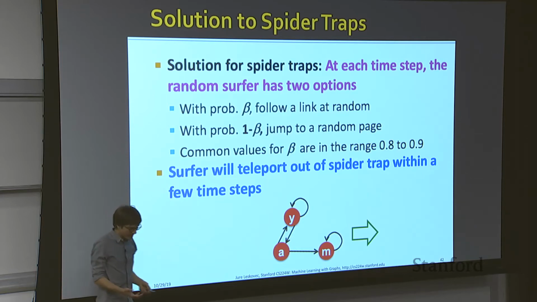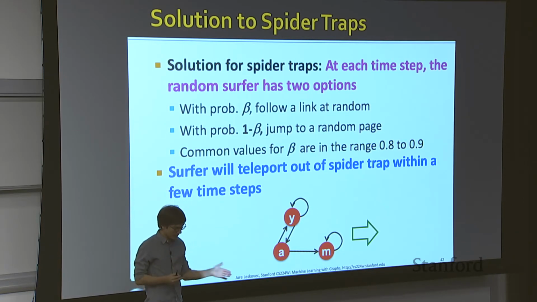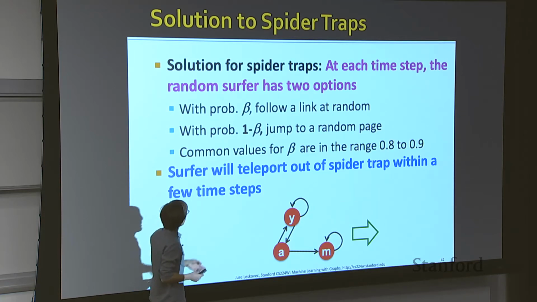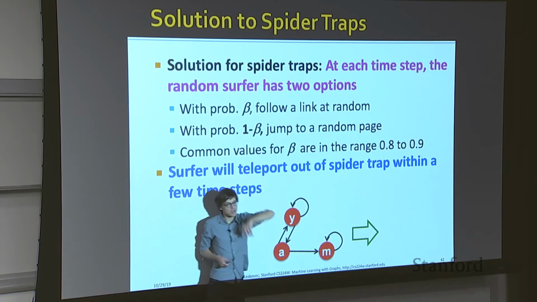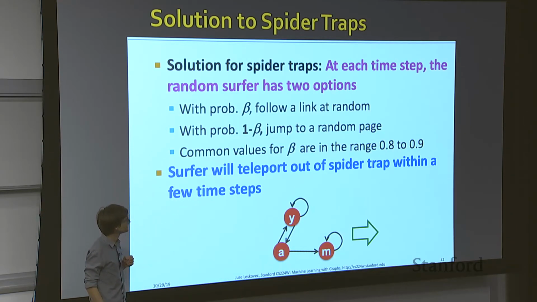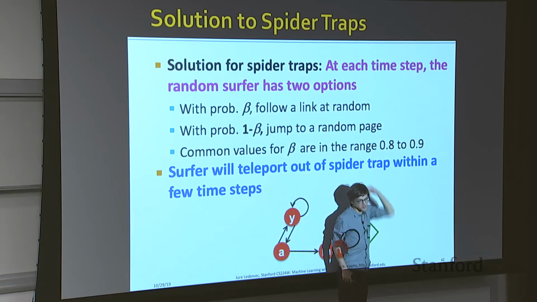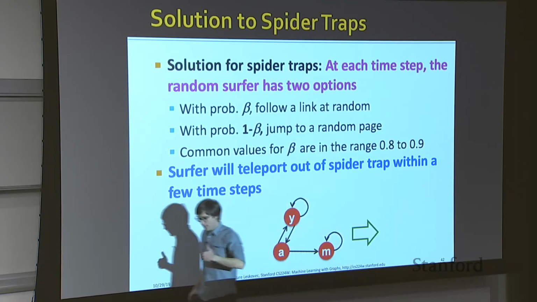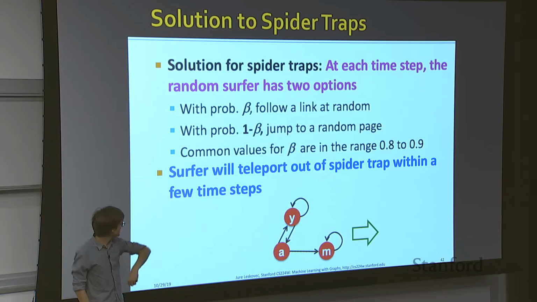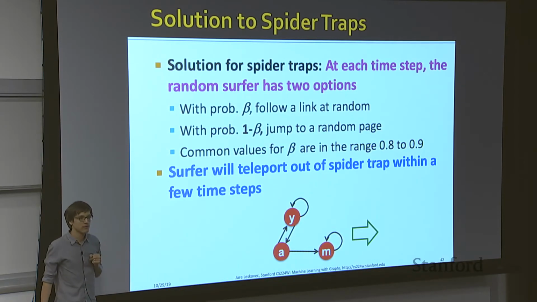The walker will flip a coin, and with probability beta, the walker will keep following the links. And with probability 1 minus beta, the walker will jump, will teleport to some other web page, right? And usually, this value of beta is 0.85, right? So basically it means in about 1 in 5 cases, the random walker will jump, and for the rest of the times, the random walker will follow the links, right?